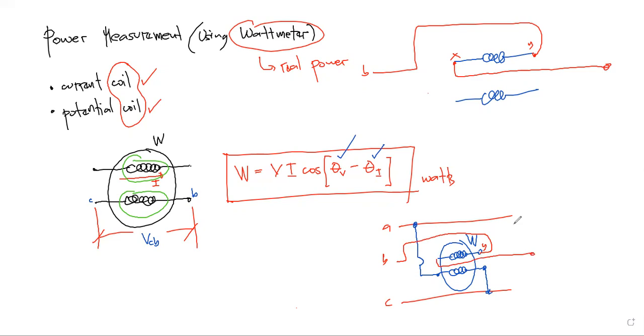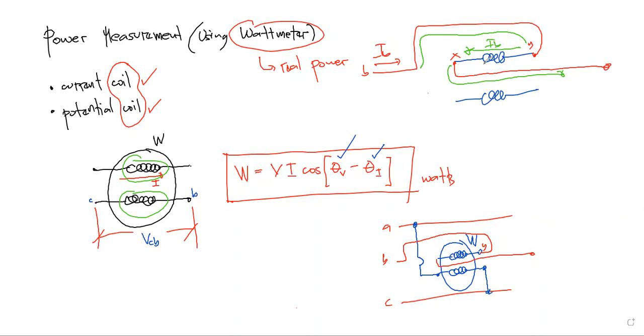As you can see, the current coil is now connected in reverse. That means the current will flow from the source, this would be IB, in this direction from Y to X, and then goes to the load.